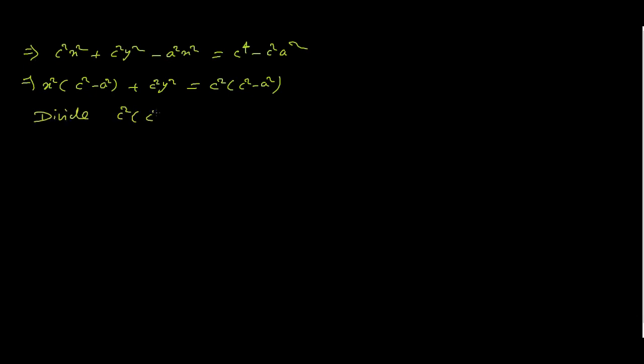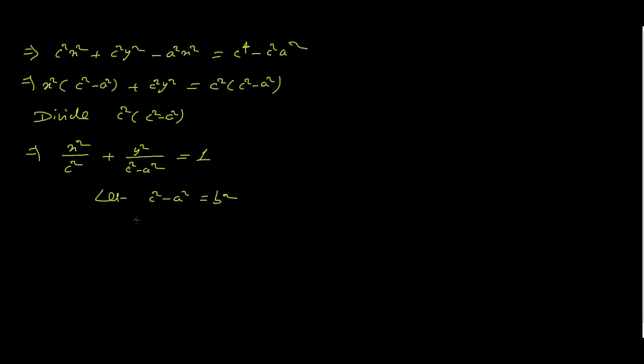So this will become x square by c square plus y square by c square minus a square is equal to 1. Let c square minus a square is equal to b square.